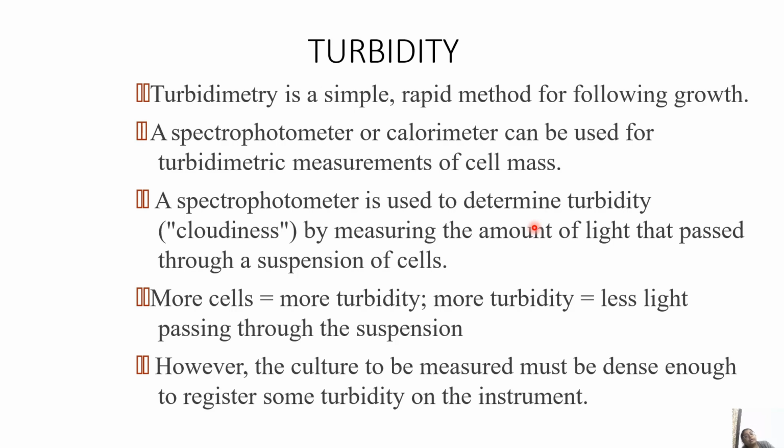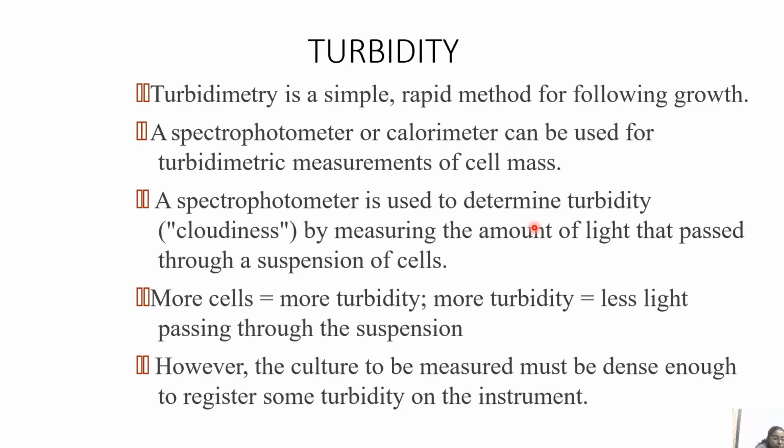So when we use this technique for turbidity experiments, we try to figure out the cloudiness or turbidity, because if there is a lesser number of bacteria, the solution will be less cloudy or less turbid. If there are more bacteria, the solution will be more turbid, right?